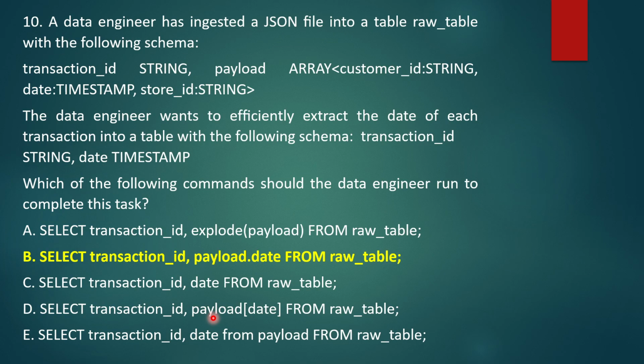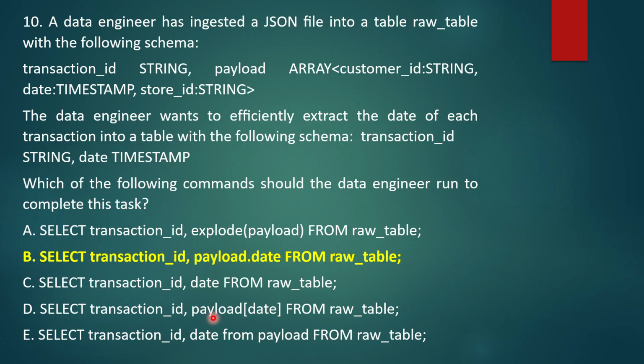Next question. A data engineer has ingested a JSON file into a table, raw table, with the following schema: transaction ID string, payload array, date timestamp, store ID string. The data engineer wants to efficiently extract the date of each transaction into a table with the following schema.